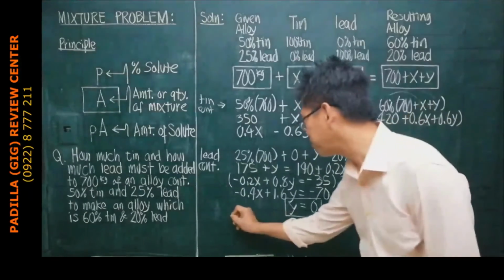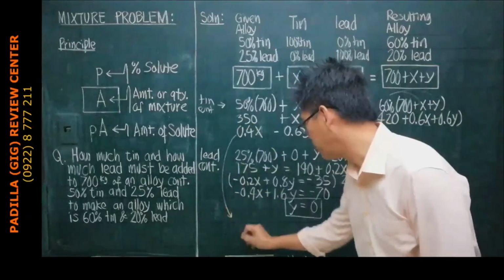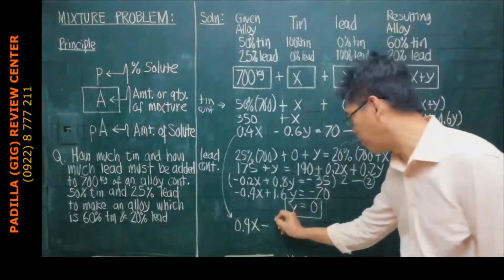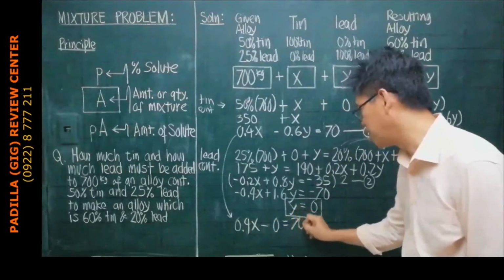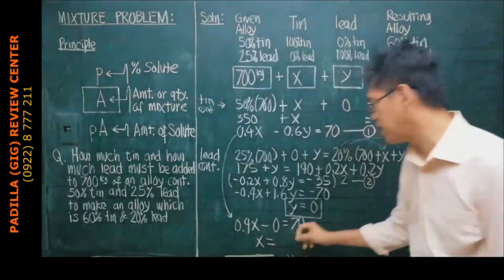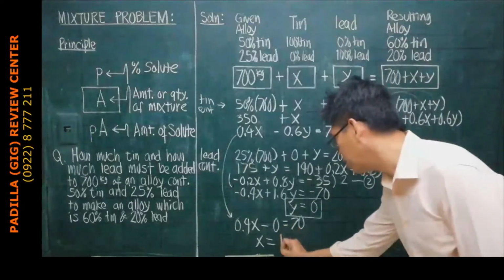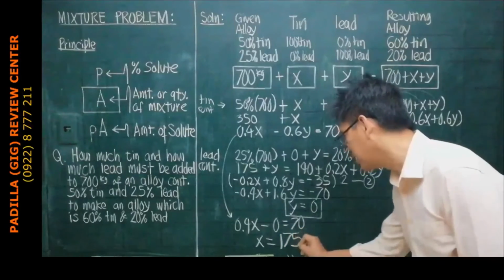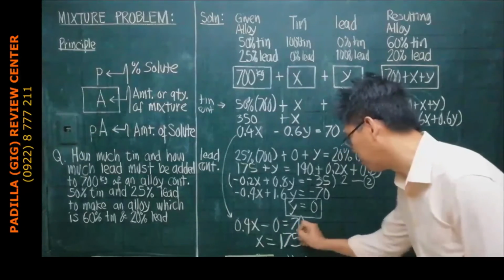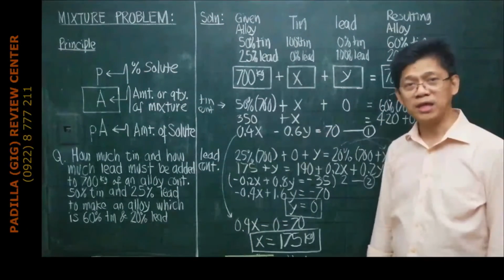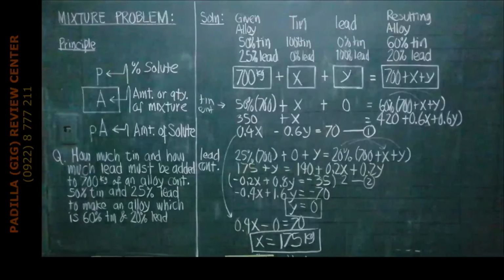You have here 0.4 of x minus 0 equals 70. So, x is 70 over 0.4. You calculate that, and you will get 175 kilograms. This is the amount of tin to be added.